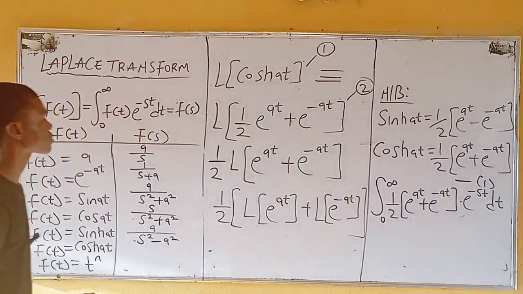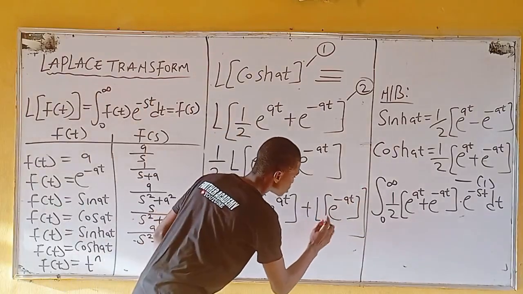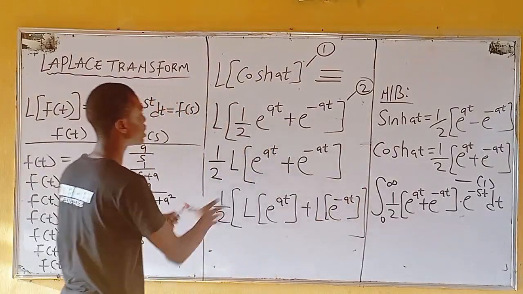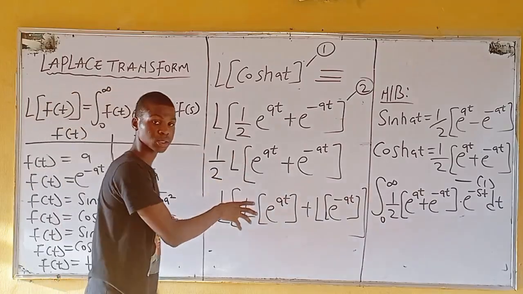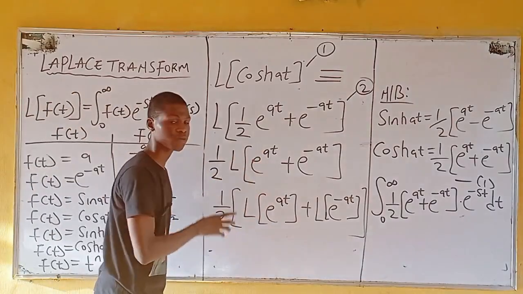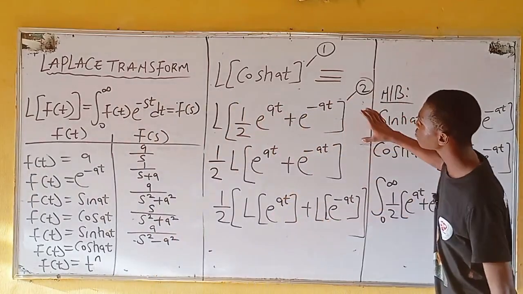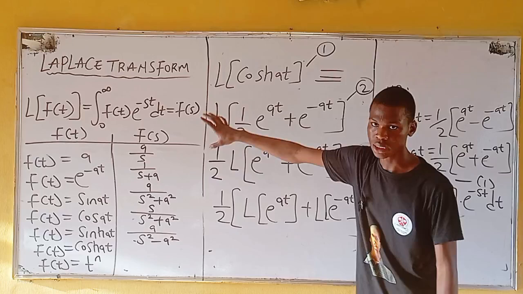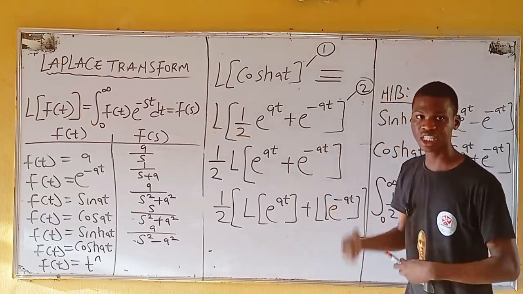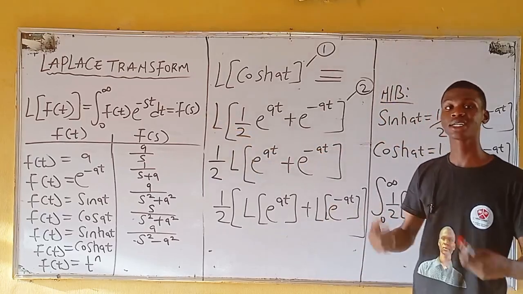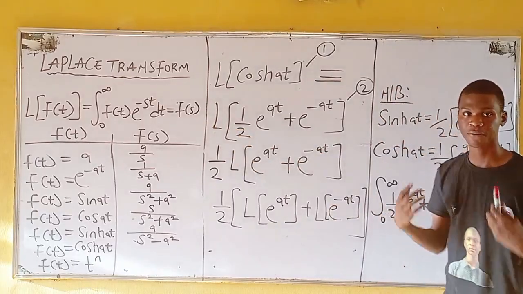Any question on this? All right. What we did here is the property of Laplace. What the property of Laplace is saying is that when we have a Laplace function combined, you can take the Laplace of the individual functions.